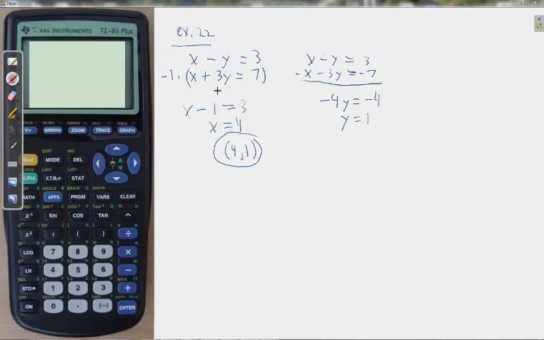Certainly works for the first equation. For the second equation, 4 plus 3 would be 7. Yes. And you'd get the exact same result if you manipulated the y's instead of the x's. So suppose I took this thing times 3.